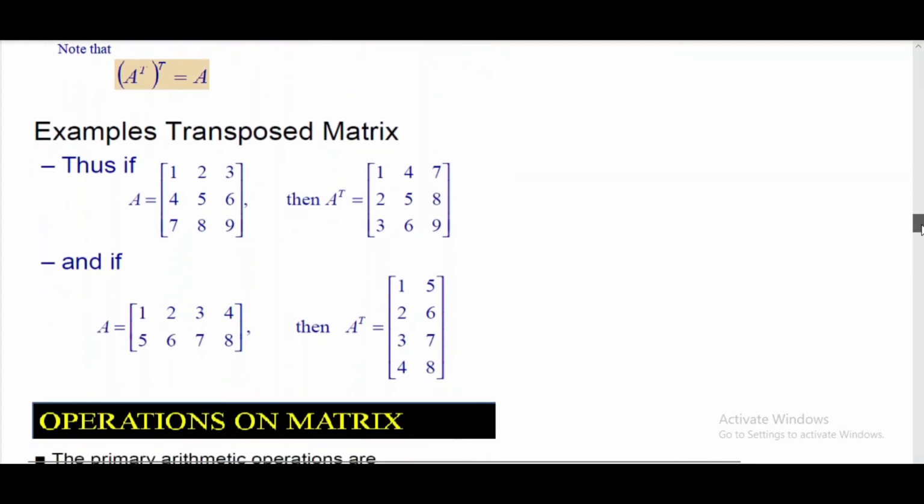There are some examples of transpose matrices. Thus, if A is given by 1, 2, 3, 4, 5, 6, 7, 8, 9, then A transpose will be 1, 4, 7, 2, 5, 8, 3, 6, 9. It means the first row will be converted into the first column in AT, the second row will be the second column of AT, and the third row of A will be the third column of AT.